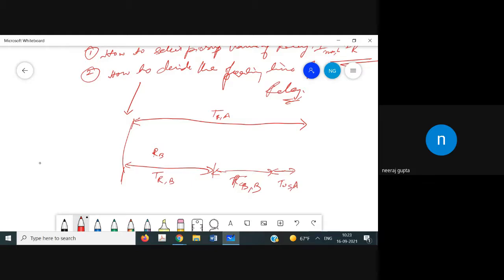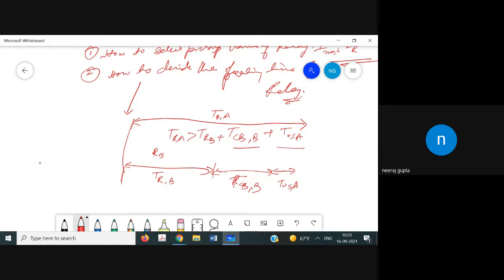TRA should be greater than TRB plus T circuit breaker B plus T overshoot A. It means that the operating time of A should be greater than the operating time of B, plus circuit breaker time of B, plus overshoot time.